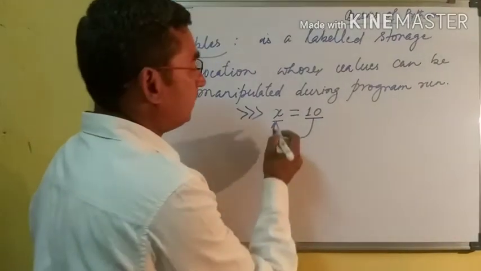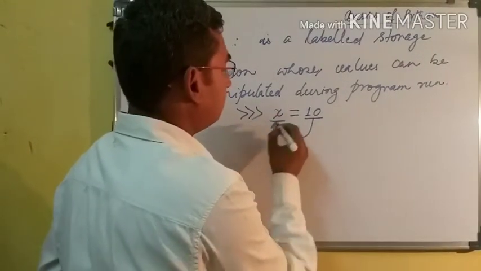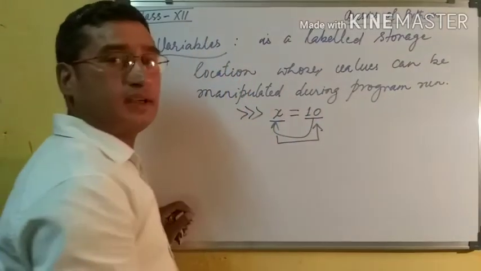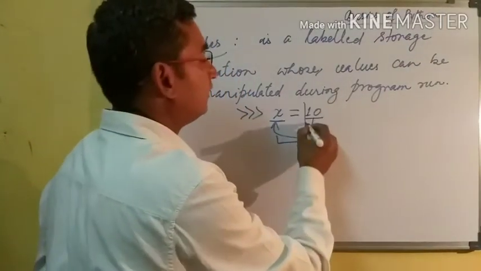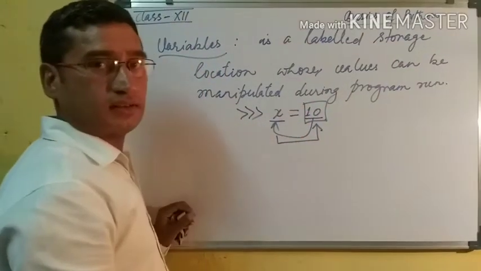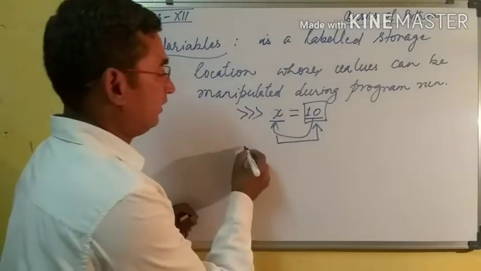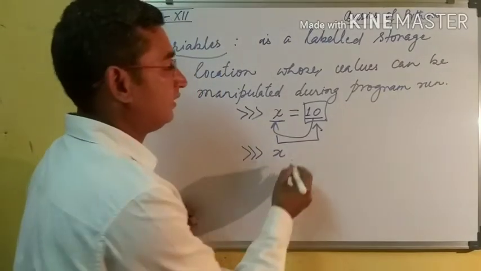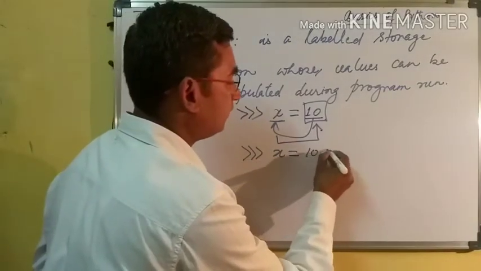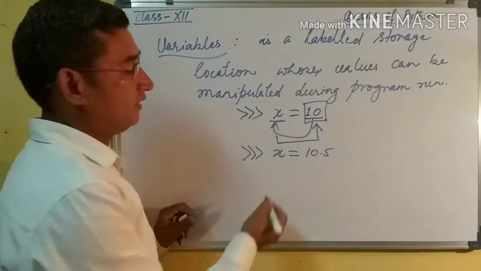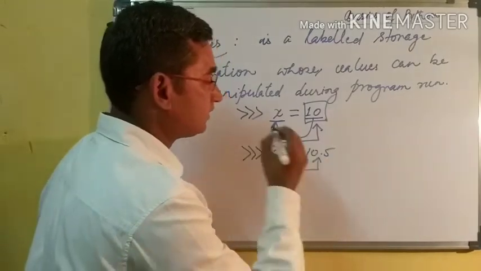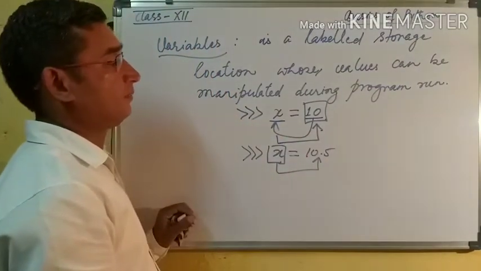Basically, in Python, x is a variable, and this variable refers to this value 10, which is stored at some memory location. If you store 10.5 in this x, it means the variable x will now refer to the value 10.5.